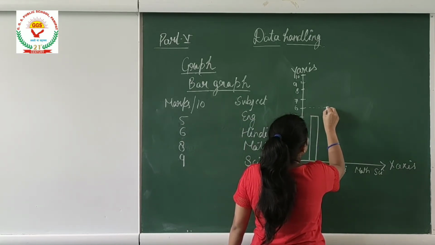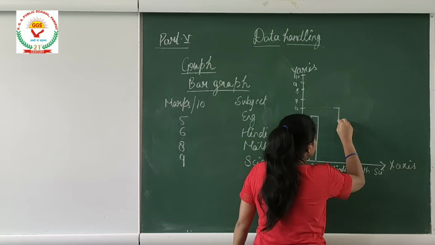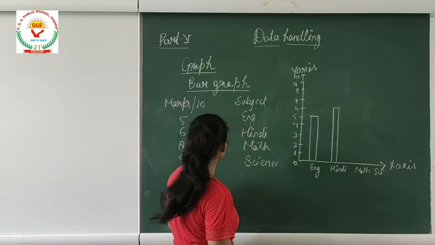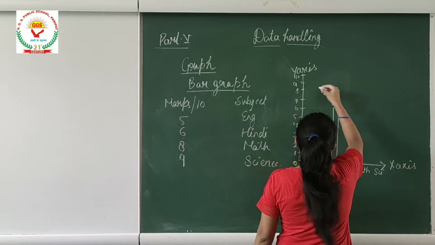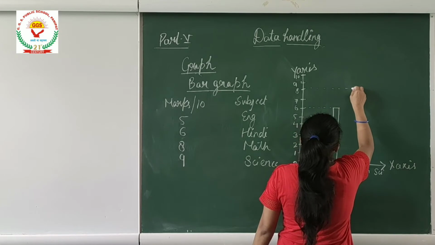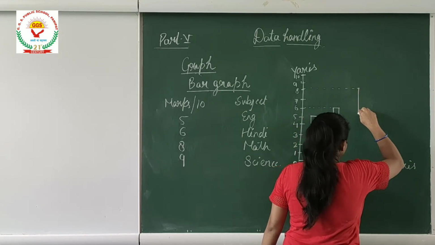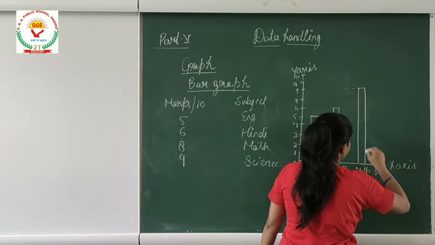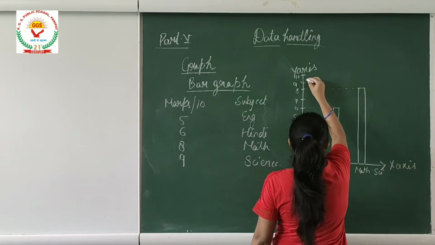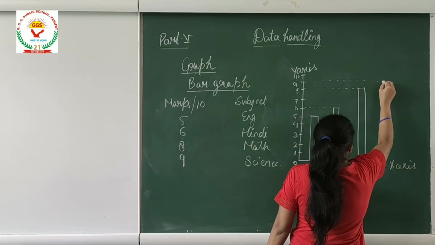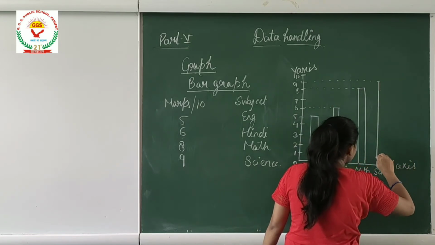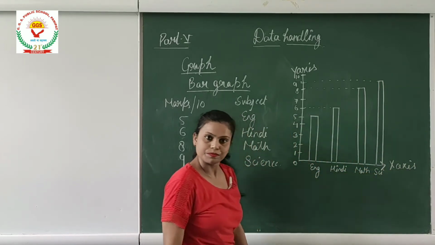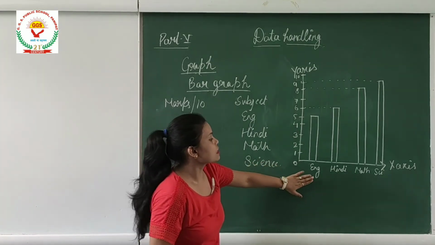So this is the representation of Hindi. Now maths. Maths consists of 8 marks. Now science. Science consists of 9 marks. So this is how we represent the data in the bar graph. Alright. This is the single bar graph.